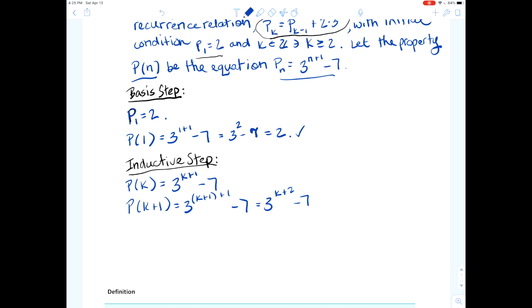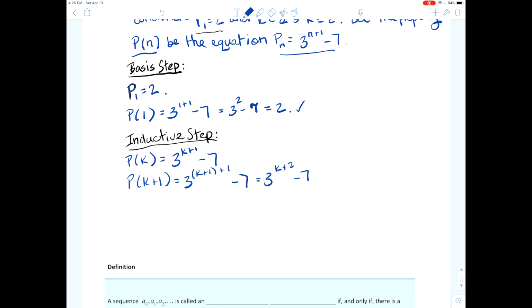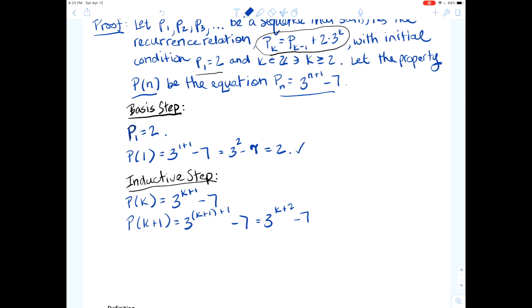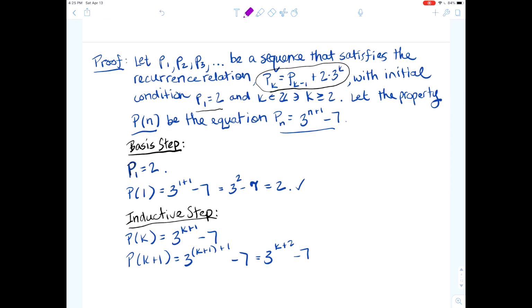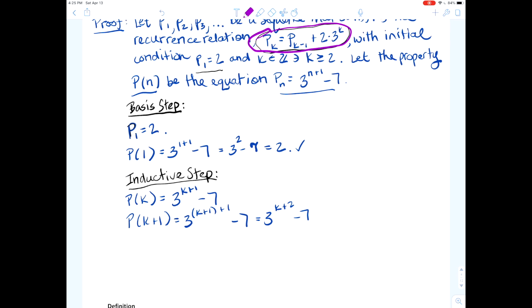All right, well, what do we know? We know what P sub k is, right? And so let's take a look now at this situation here, okay? So, looking at that one, we've got P sub k plus 1 is going to equal P sub k plus 1 minus 1 plus 2 times 3 to the k plus 1.